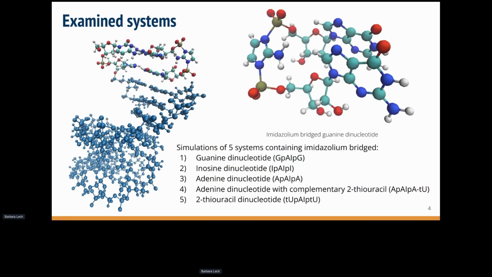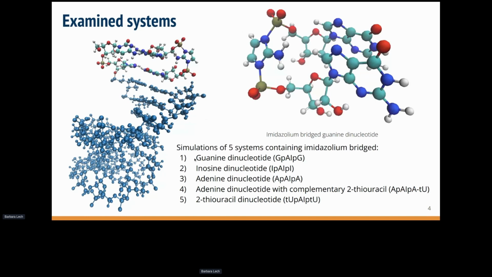So I created 5 different systems. The first is with guanine activated dinucleotide, which is shown here. Here is one guanine and the second, and here is this imidazolium bridge.